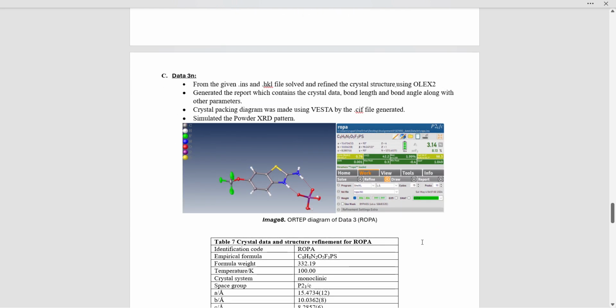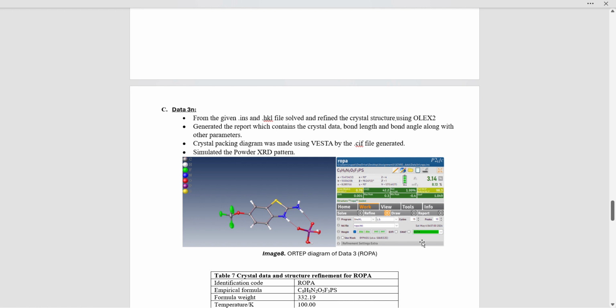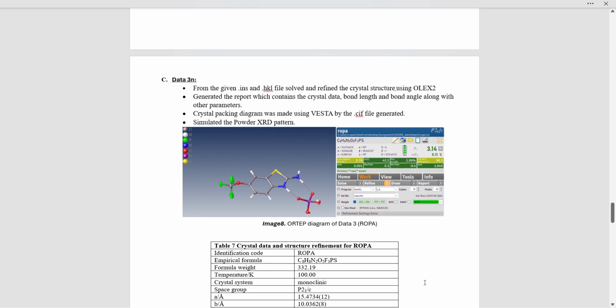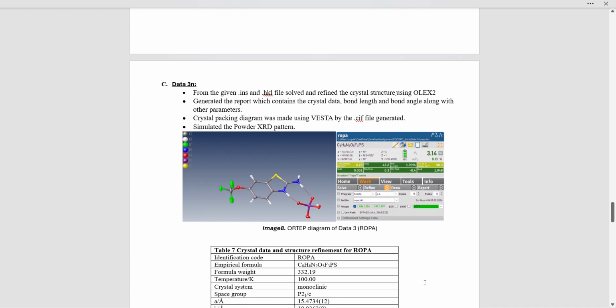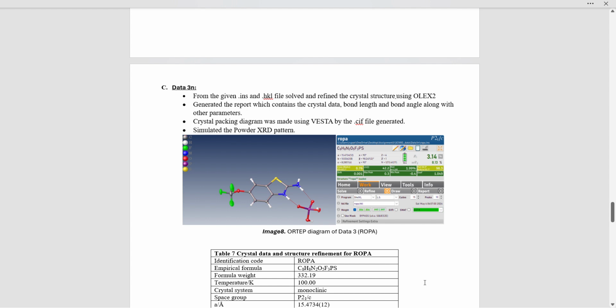The third sample, or the third data file, contains the riluzole drug along with phosphoric acid. And here we can also see the hydrogen bonding interactions between the drug and the phosphoric acid. Again, I solved and refined it in a similar way using the OLEX2 software, and I get an R value of 3.14.